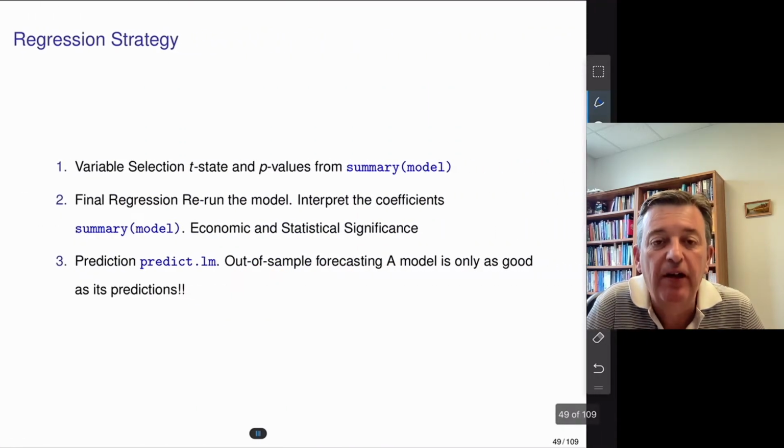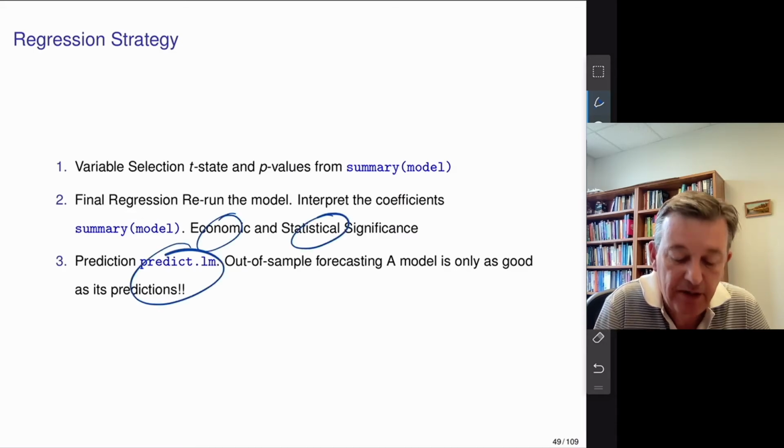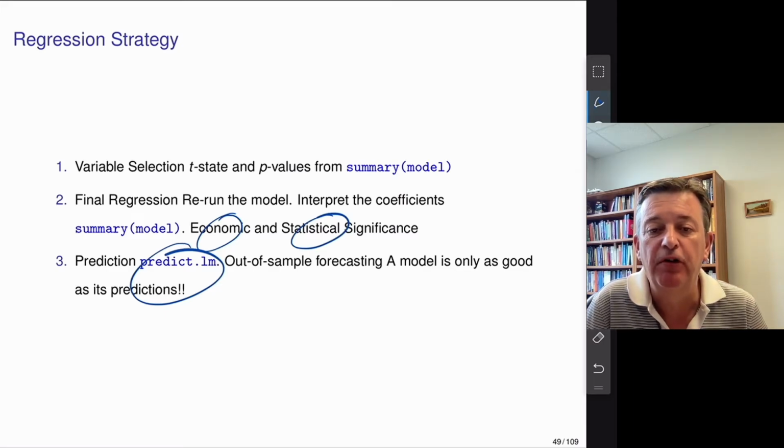And so, I do variable selection by my t-ratio criterion, and I look at my t-ratios and p-values using the summary command. And I'm always attuned to looking at economic and statistical significance. And at the end of the day, I want to make sure that my model is doing well in terms of out-of-sample forecasting.